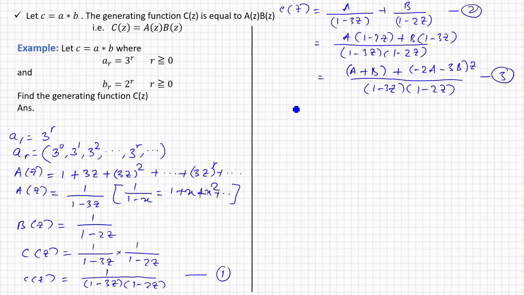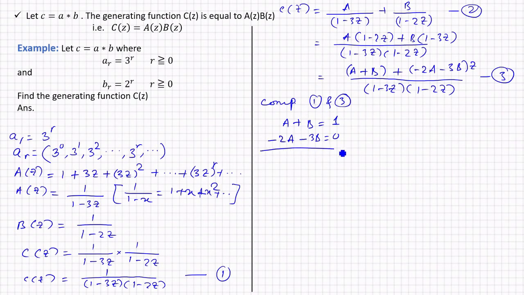Now compare equations 1 and 3. A plus B is a constant, and here we have the constant 1, so A plus B is equal to 1. Minus 2A minus 3B is equal to 0, because there is no coefficient of z in equation 1.